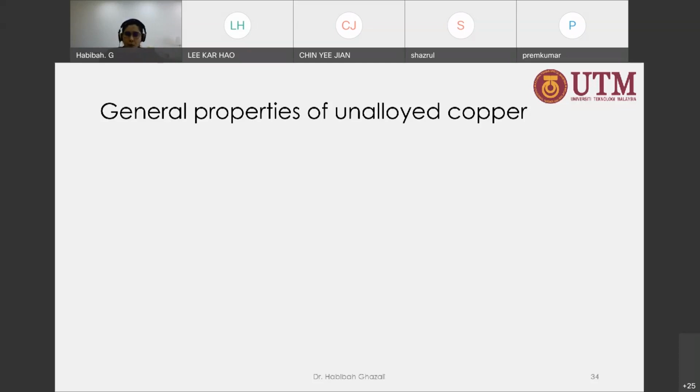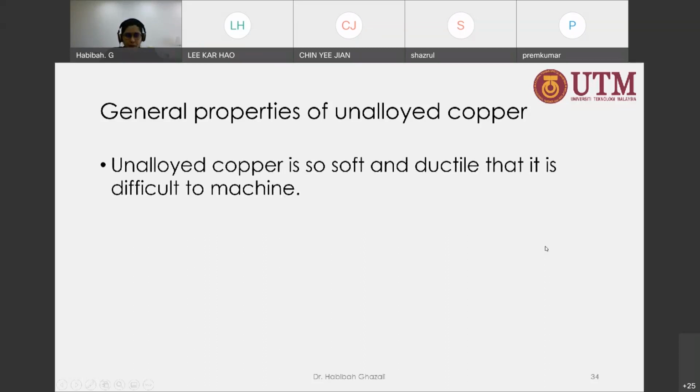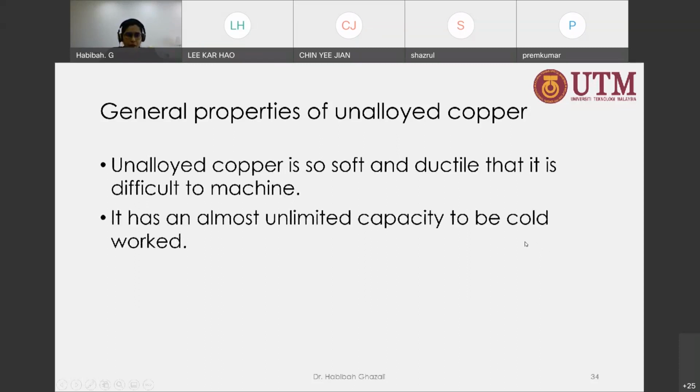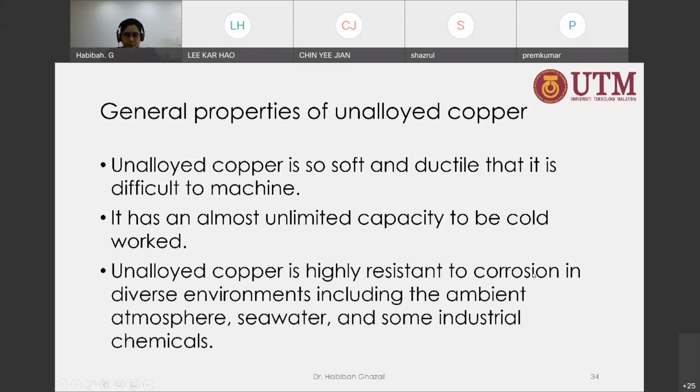The general properties of unalloyed copper are that it is soft and ductile, and this is because of the FCC crystal structure. It also has almost unlimited capacity to be cold-worked. So if we want to strengthen unalloyed copper, it can be cold-worked, and we can shape it into any shape because of that FCC crystal structure.